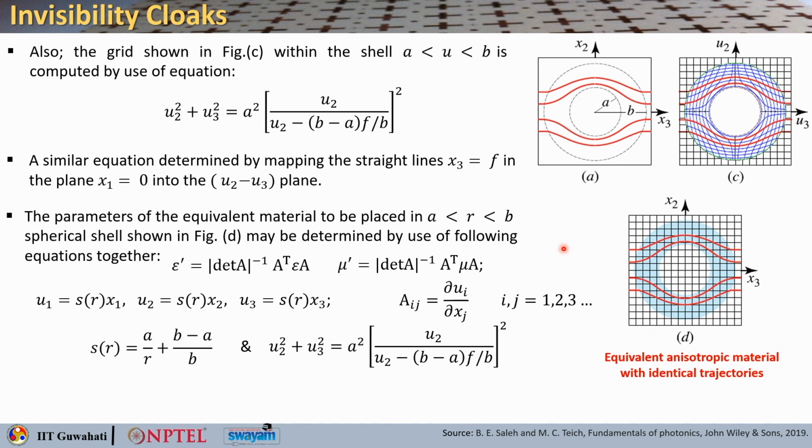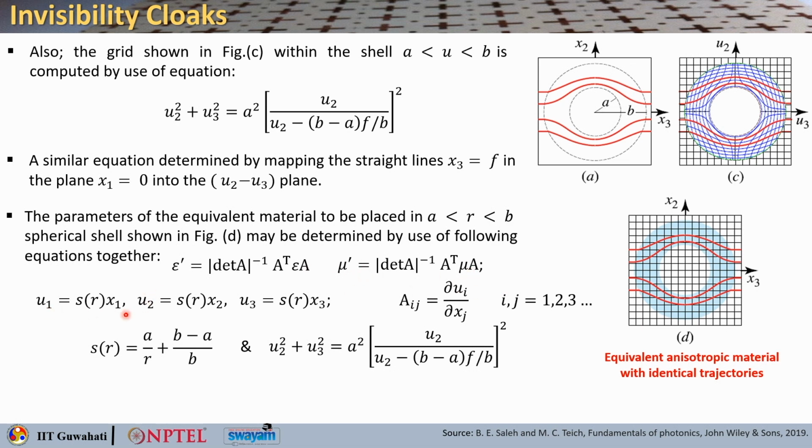Finally, the parameters of the equivalent material to be placed in this spherical shell of radius between a and b can be seen here. You can obtain this from this equation. Epsilon prime, the blue shaded region, is a new material with permittivity epsilon prime given by 1 by the modulus of the determinant of A, times A transpose epsilon A. Similarly you have it for mu prime.